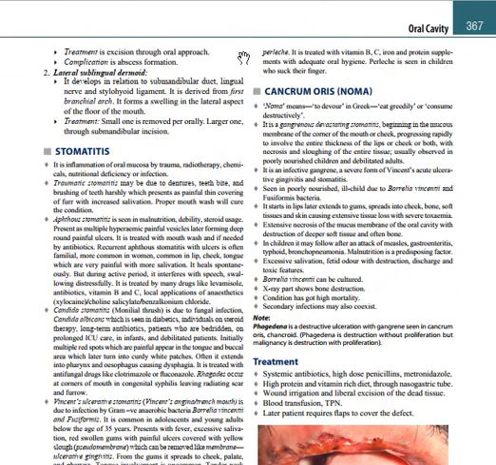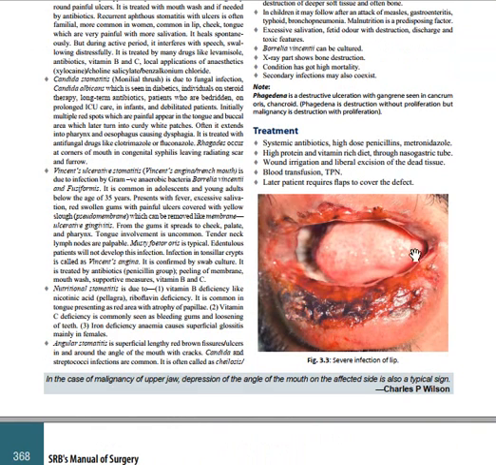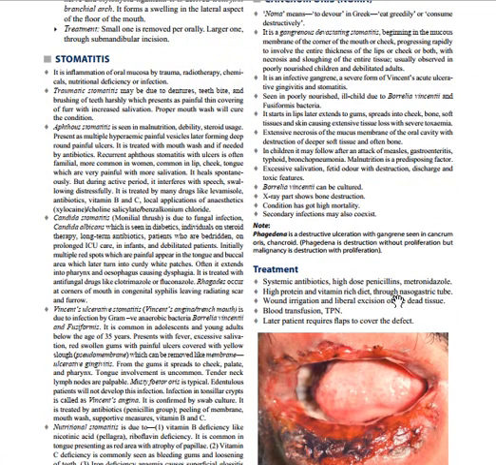Now the next one is cancrum oris. Cancrum oris is just a severe form of Vincent's stomatitis. So just infection of the mouth like this is called cancrum oris. It is just a severe form with ulceration. Is it clear?